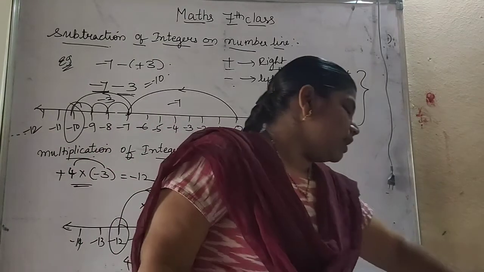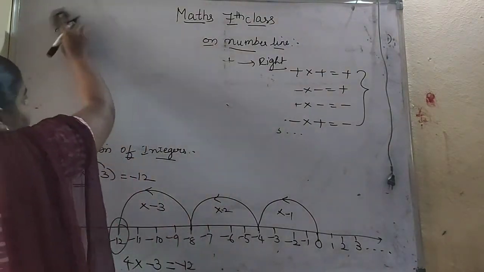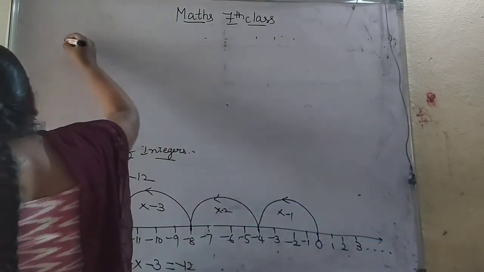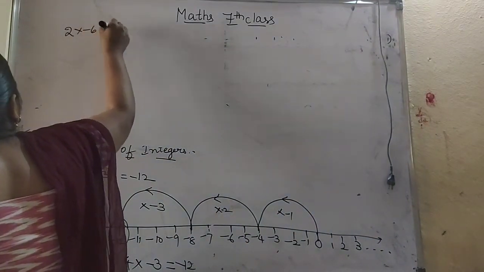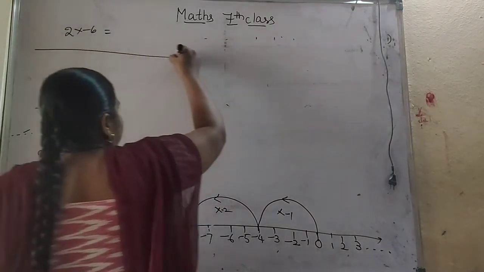Okay. So one more example we will see for multiplication. 2 into minus 6. So what is 2 into minus 6? We will see. So first you draw a number line.